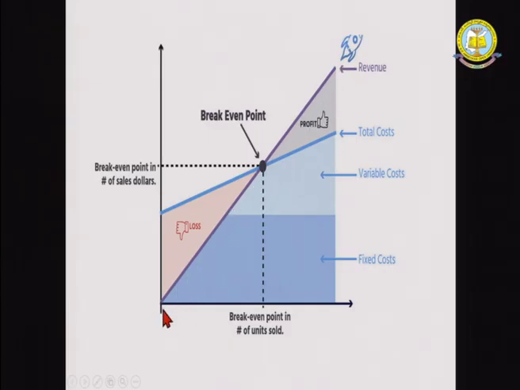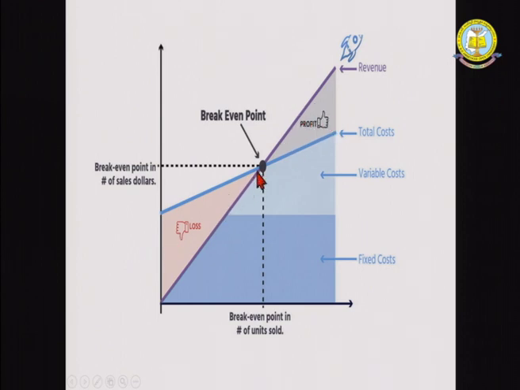The total revenue curve in the beginning is much below the total cost curve, and it begins to rise from the origin.